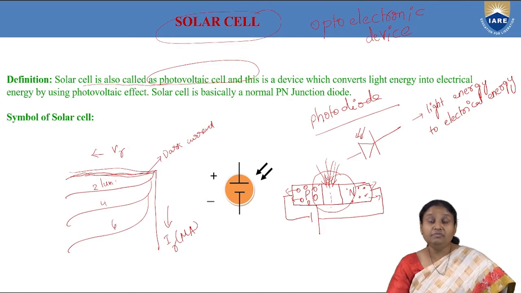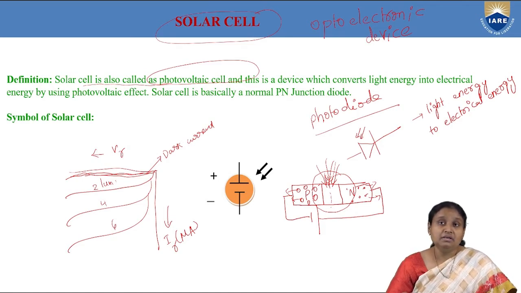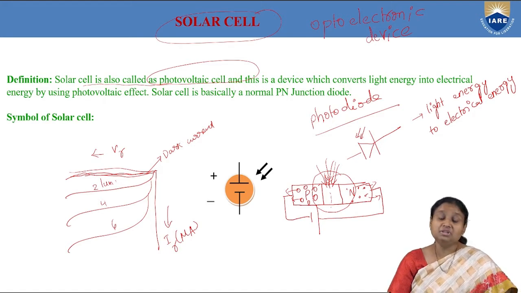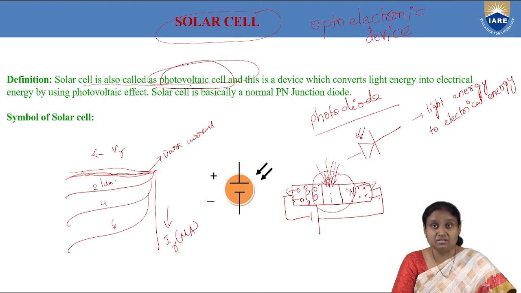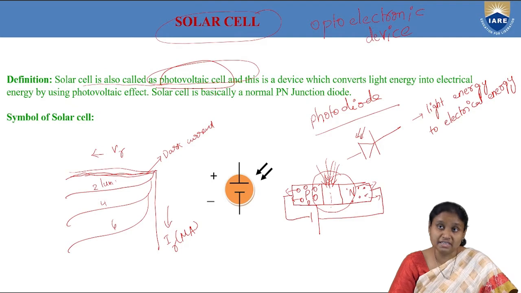When we talk about the solar cell, its functioning is based on a phenomenon called the photovoltaic effect. Once we make light fall on the solar cell, there is generation of voltage across the junction, and because of that voltage there will be flow of current.